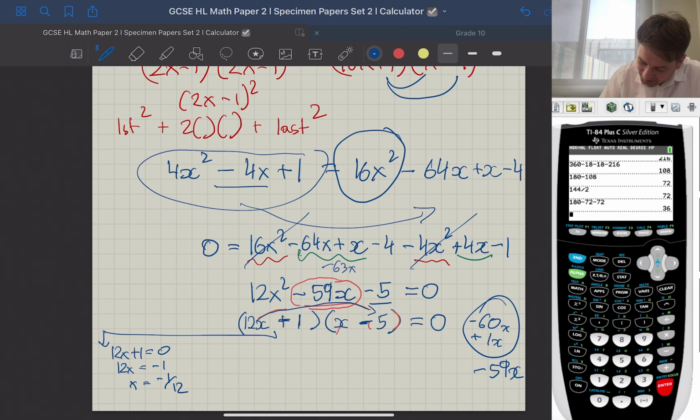Minus 1/12. And this is going to be also equal to 0, which is 5. And this is our solution, and our specimen paper tool hire is completed.